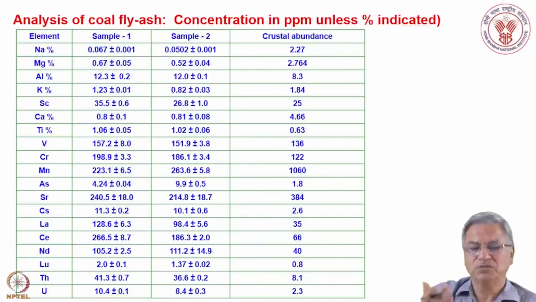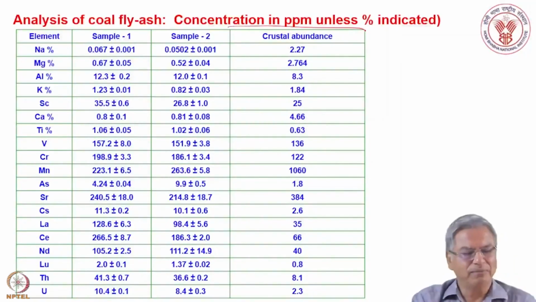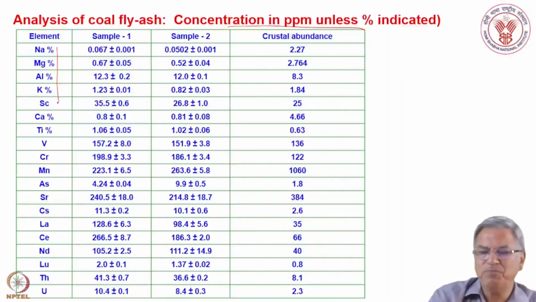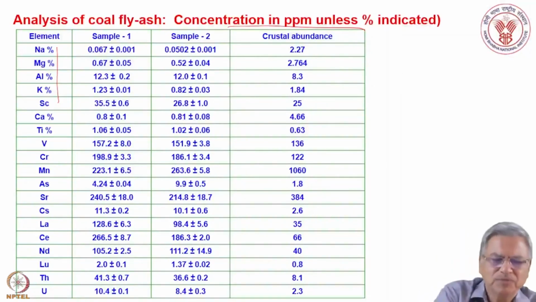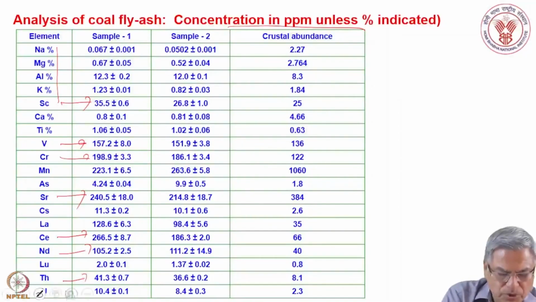So that dust, the coal fly ash, was analyzed in our laboratory for the concentration of these metals. You can see sodium, magnesium, aluminum, potassium, scandium. Whatever is in percentage, the rest are in ppm values. And you can see here different samples, the concentrations of the different elements, hundreds of ppm, strontium, cerium, niobium, thorium, and uranium.